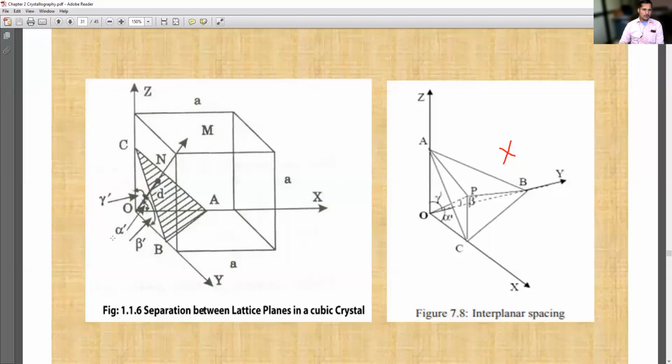Similarly, for the angles, we are drawing this capital ON, which is normal to this plane from the origin. So if we draw this normal, it touches the point N, and this ON is nothing but our interplanar distance, denoted by small d here. So this capital ON is nothing but small d, which is called the interplanar distance.